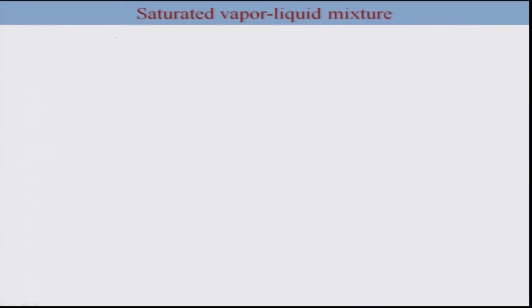So here the total volume of the system, which contains, let us say, vapor and liquid, can be considered as Vf plus Vg. Okay. Now Vf is the total volume of the fluid, okay, which is nothing but the mass of the fluid or the liquid multiplied by the specific volume of the liquid.